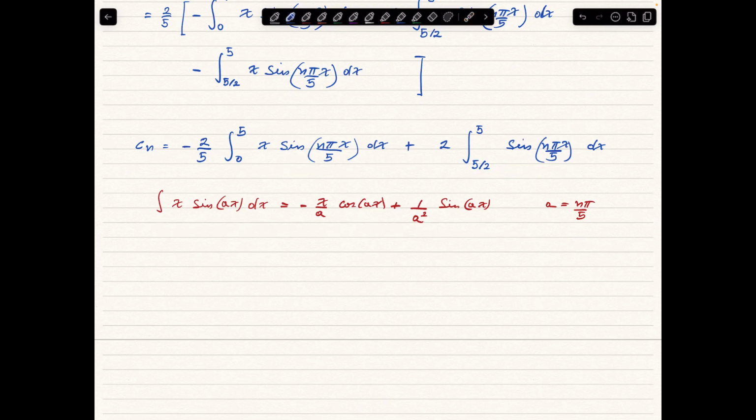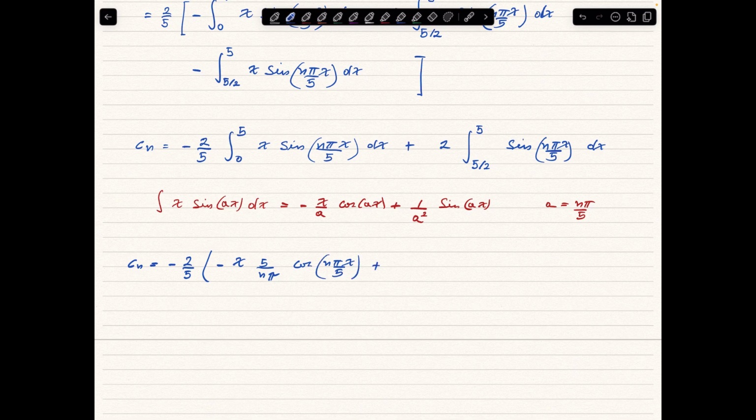Okay, let's use all that, and we get Cn. What is Cn? Well, we still have the negative 2/5. Then we need minus x over a, so 5 over n pi, then a cosine of n pi x over 5.